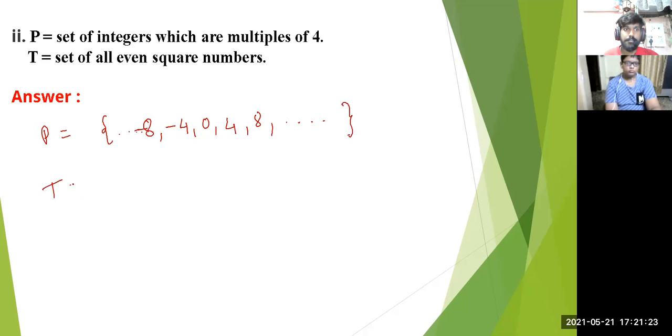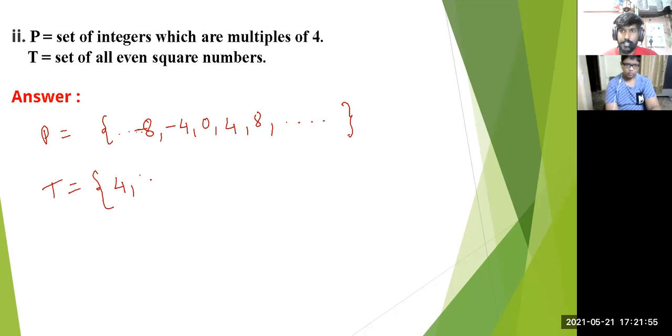And what about T? Set of all even square numbers. 4, then square of 3 is 9, but it's an odd number.